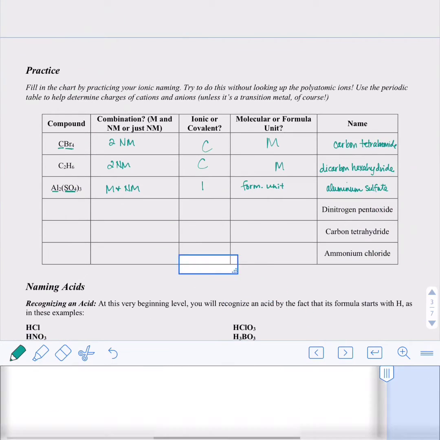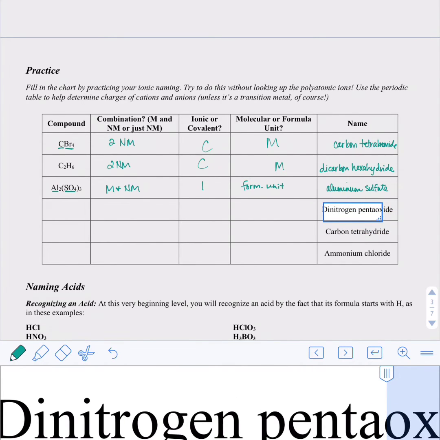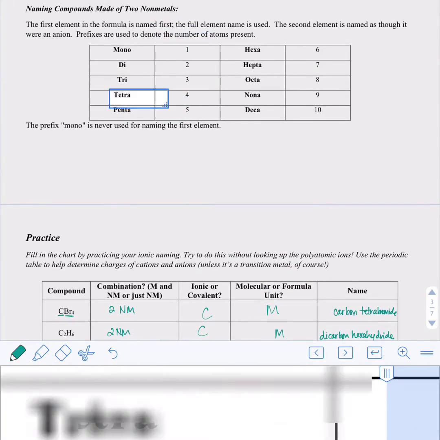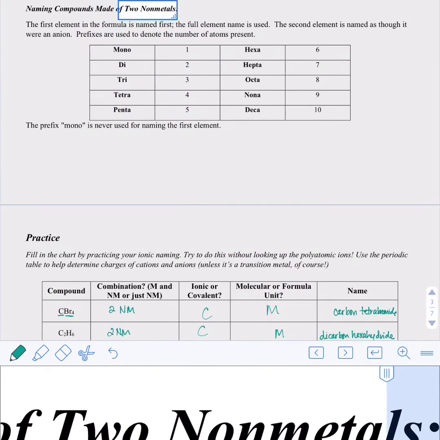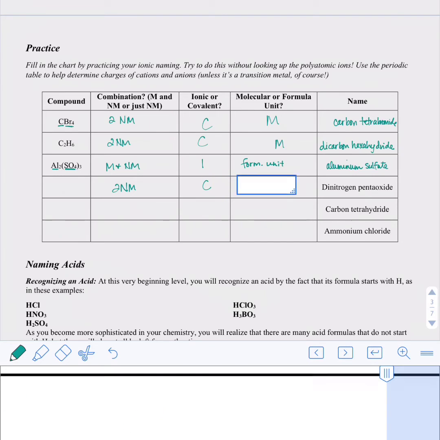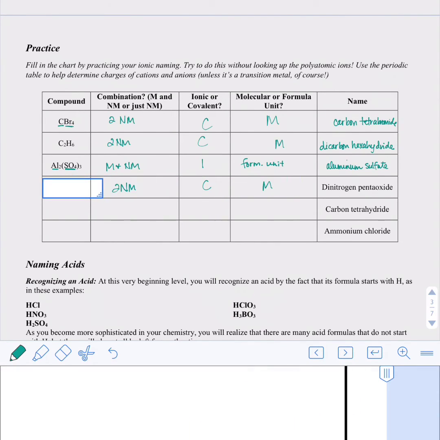All right, so now that we've gone from the compound to the name, a little bit harder is going backwards. This one's dinitrogen pentaoxide. I know that if I have two prefixes, I must have two nonmetals. So I'll go ahead and put two nonmetals here, which means it's covalent, which makes it molecular. So that is dinitrogen, di is 2, pentaoxide, oxygen is 5.